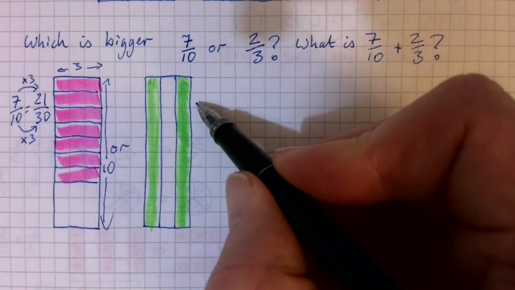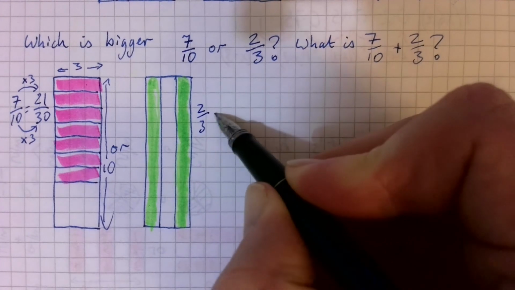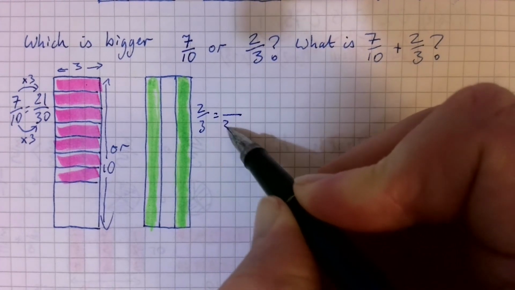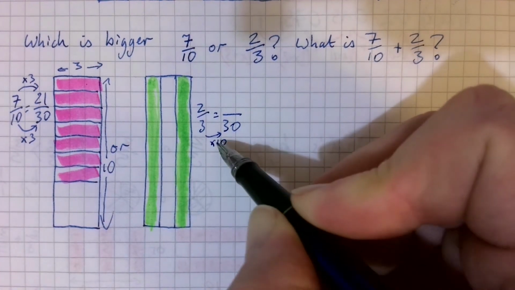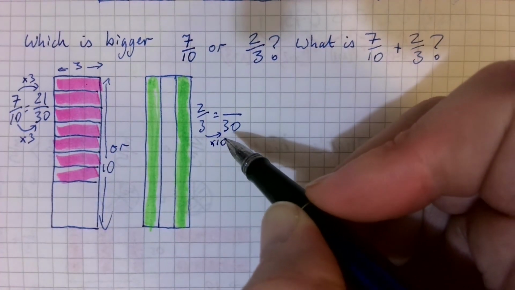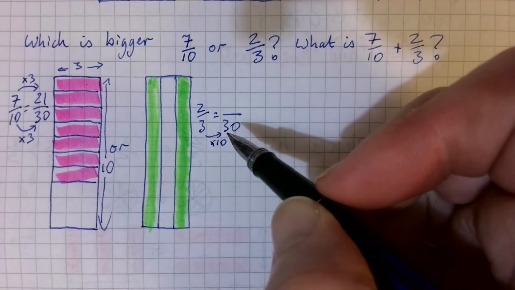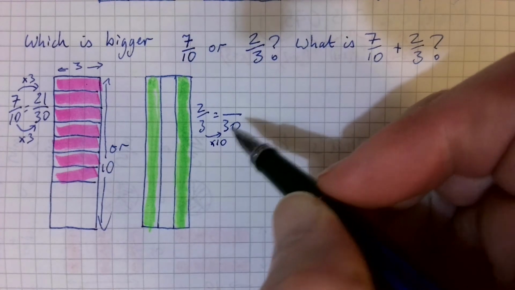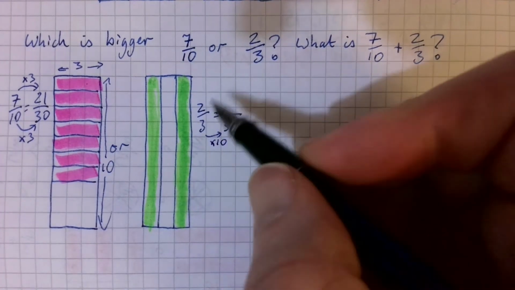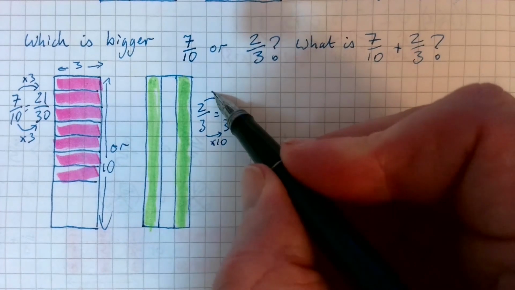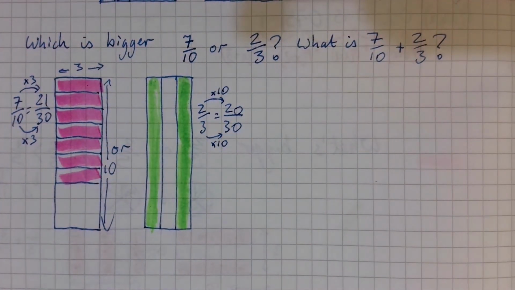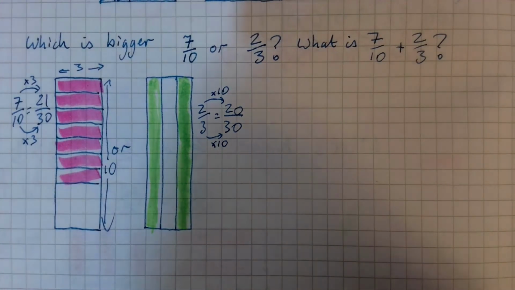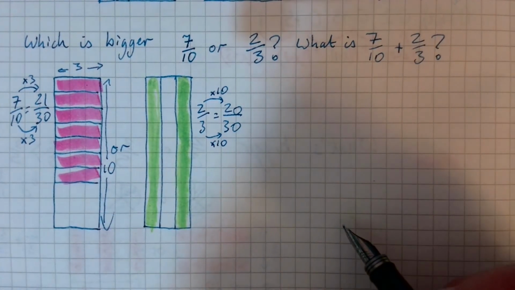Over here, our 2/3, we have cut up the pieces all 10 times. So although I'm writing 10 times there, they're actually 10 times smaller. So it's like we've divided the size of the piece by 10 times. So we're going to need 10 times as many of them, which is 20, which means that 2/3 is just 1/30th less than the 7/10.